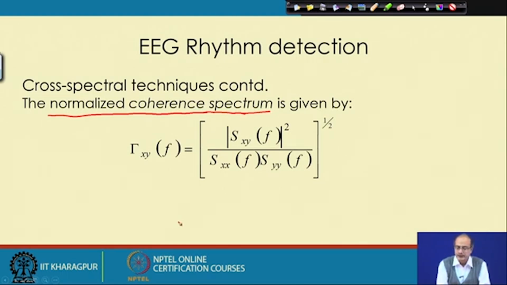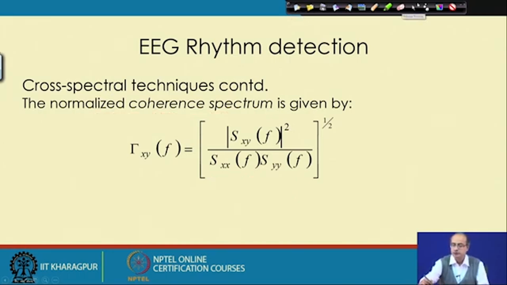In the same way, here we are normalizing the signal with the help of the energy of the signals x and y. The motivation is the same: it should stay within a band rather than being affected by the scaling or the amplitude of the signal.